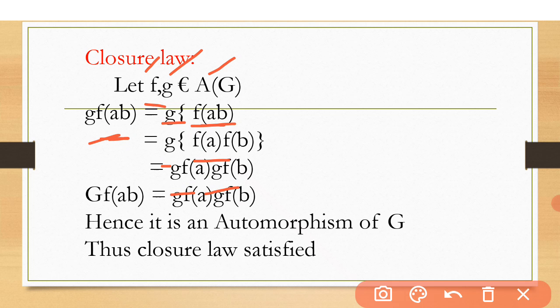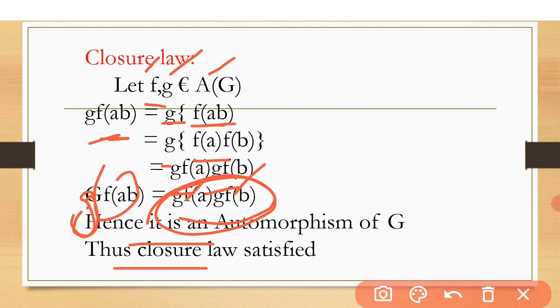Hence proved that (gf)(ab) is equal to (gf)(a)·(gf)(b). Hence it is an automorphism of G, thus the closure law holds. It means that when we multiply these individual elements, this is the form of a homomorphism, and it is one-to-one and onto, that's why it is an isomorphism, and it is from G to G, that's why it is called an automorphism.